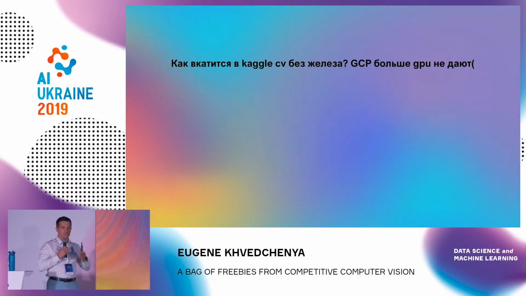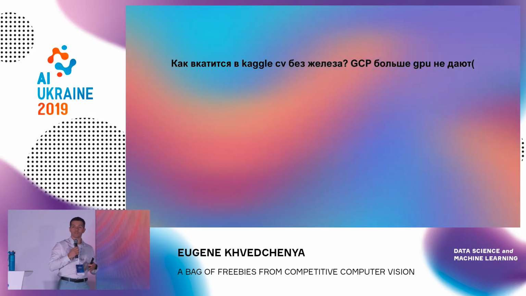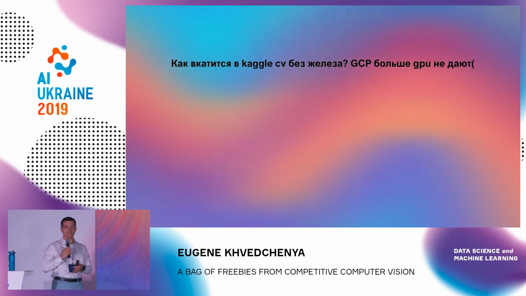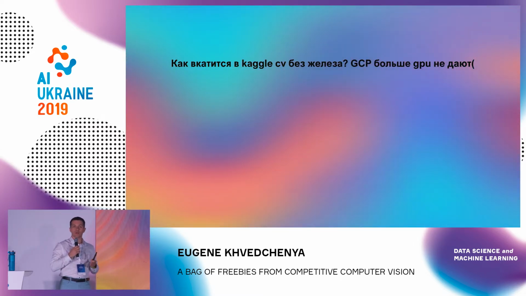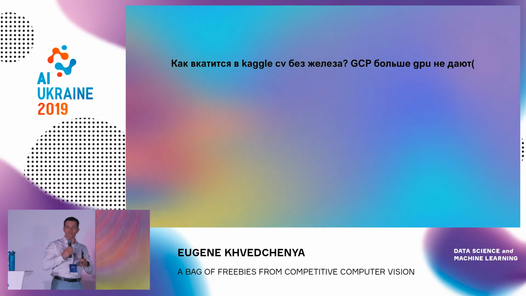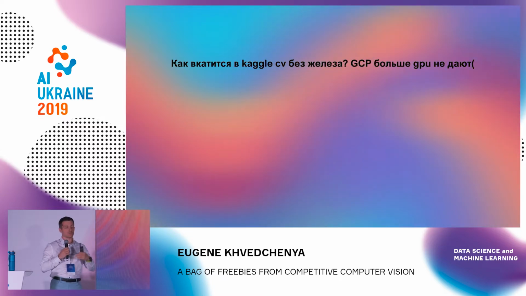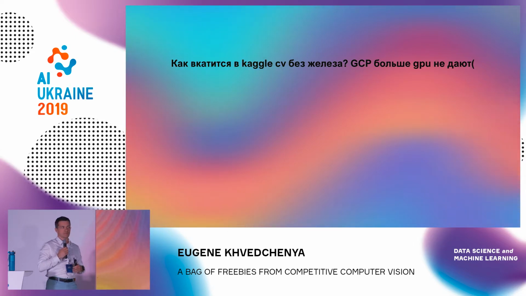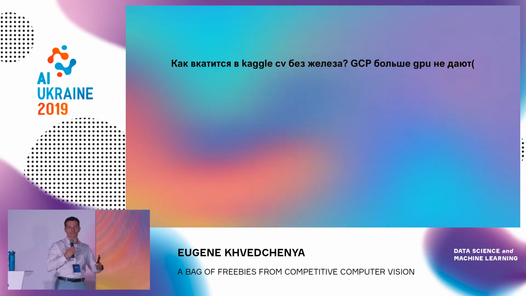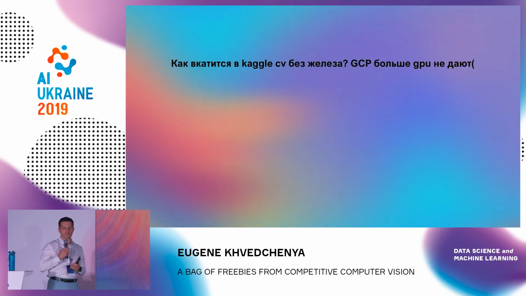So you can still use Google Colab, which gives you Tesla K80, which can run for maybe 8 or 9 hours in a row, which is more than enough usually to train some decent model, or at least to run some experiments. So you are not bound to use Kaggle resources only. Still, there are plenty of ways.